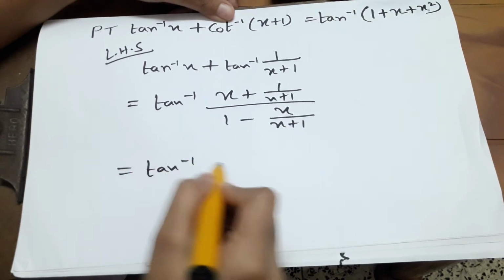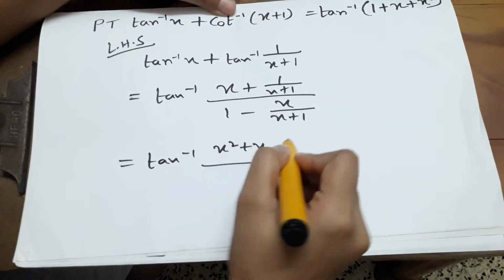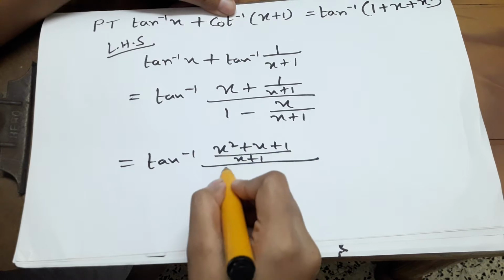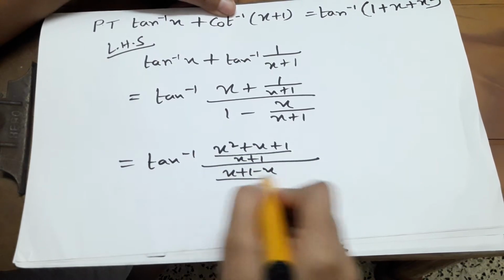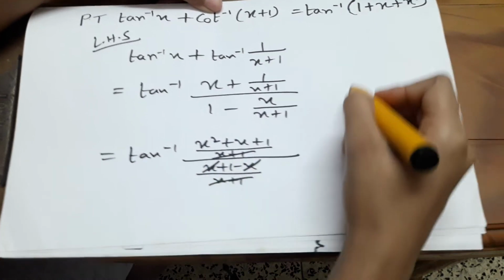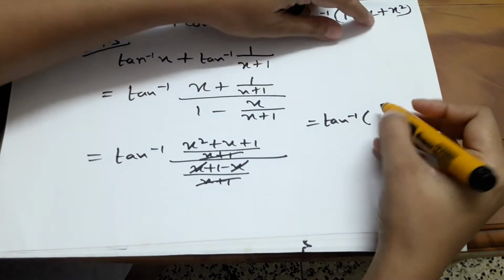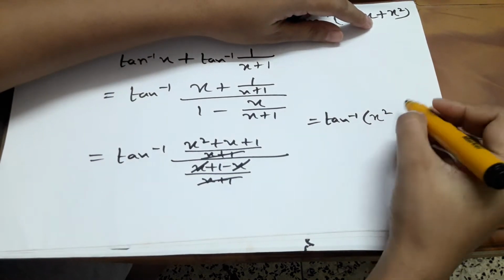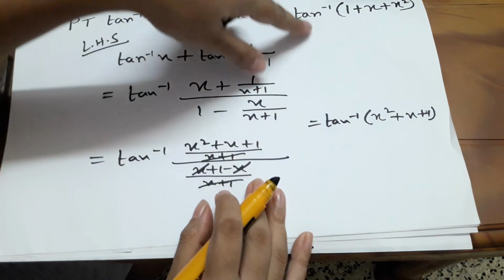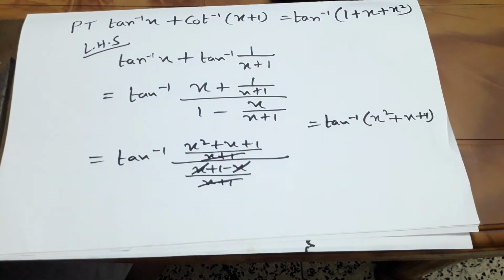That means tan inverse, now I will calculate this one, x square plus x plus 1 by x plus 1, and just cancel it out, you will get tan inverse x square plus x plus 1. Now this is what you had to prove, so we will write equals RHS, proved.